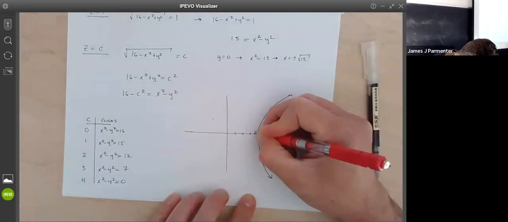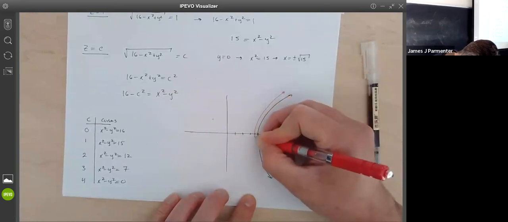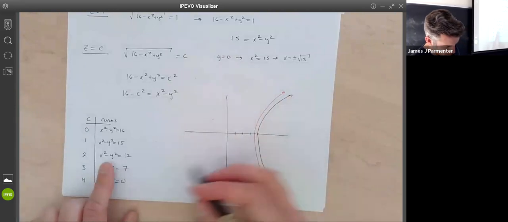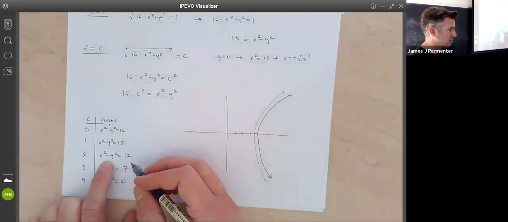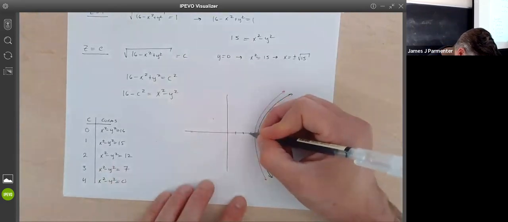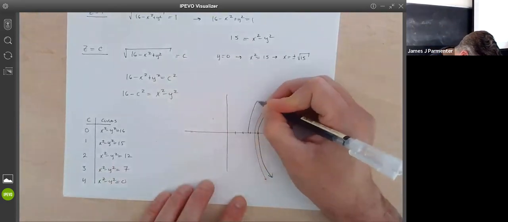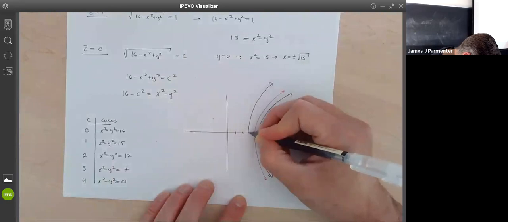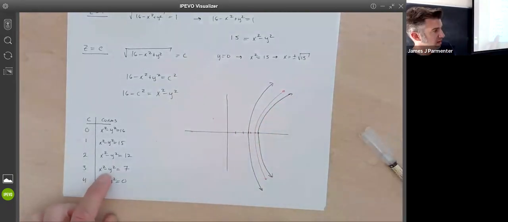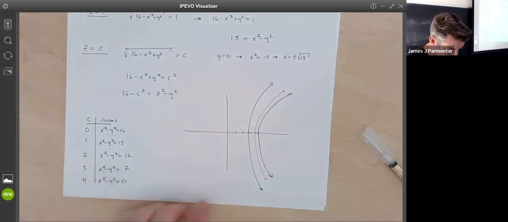The square root of 15 is really close to the square root of 16. And then the square root of 12 is about 3.5-ish, I think, 3.46. So we're right there. And then finally, the square root of 7 is 2 point something.